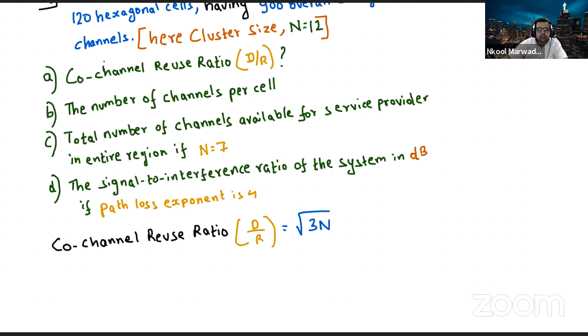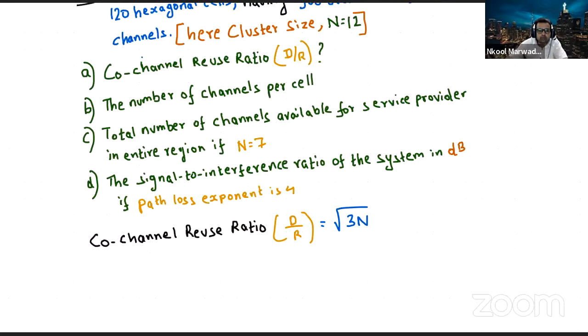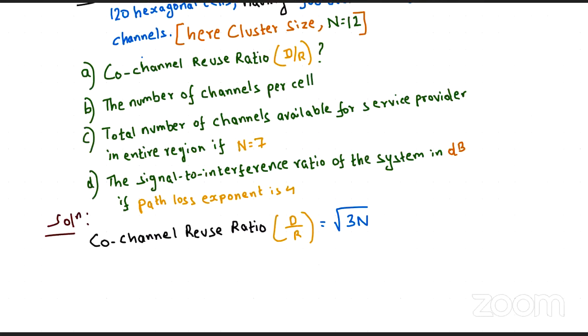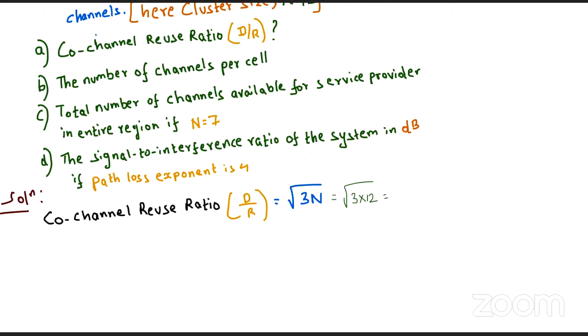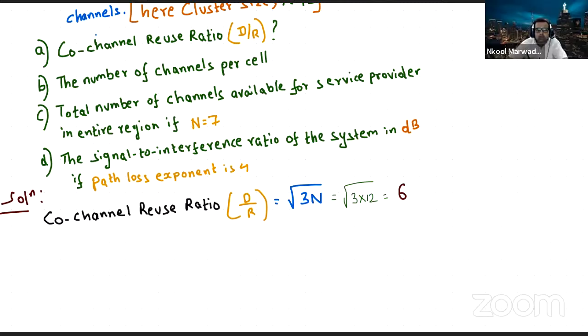Let me mention that it's the solution. What is capital N in the question? It is 12. Root 3 into 12, so root 36 will be 6. So the answer for the A part is 6.